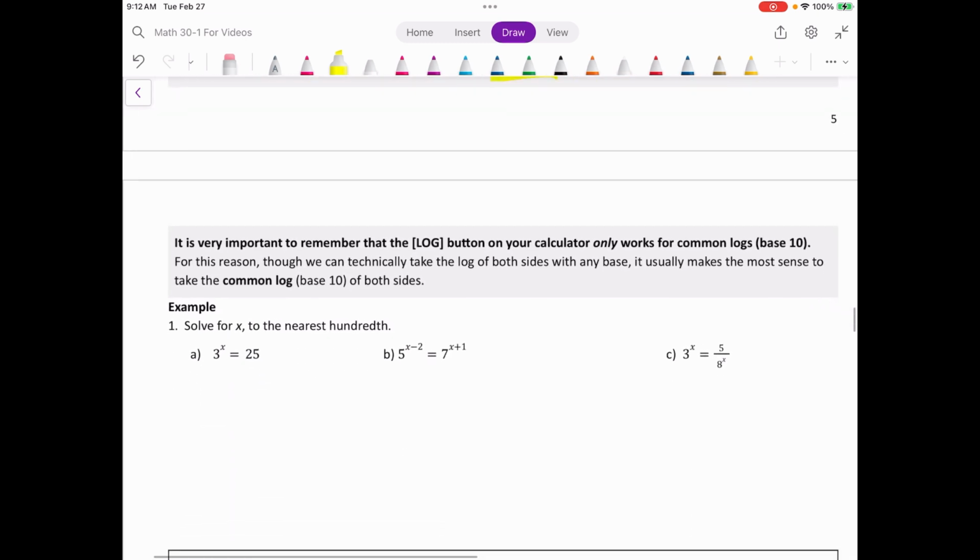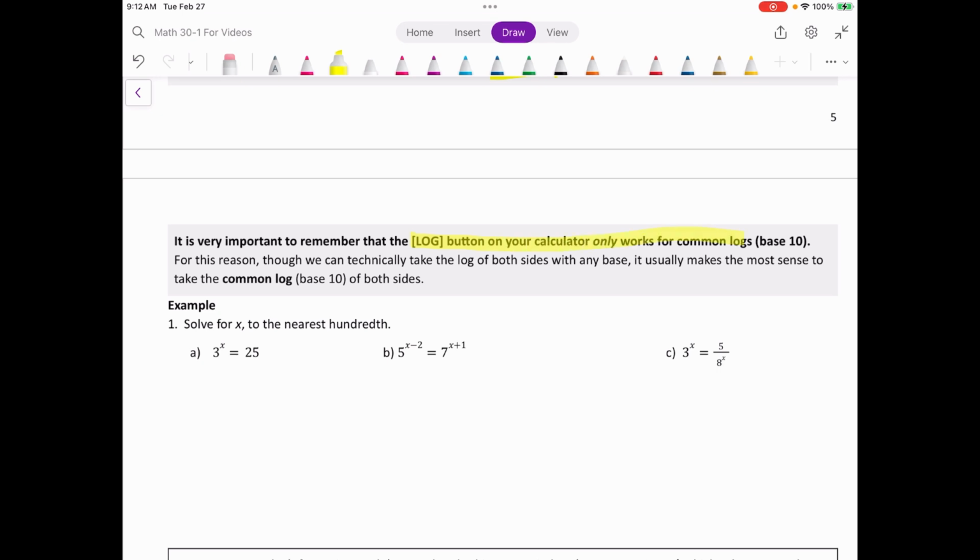Now, it's very important to remember the log button on your calculator only works for those common logs, those base 10 logs. It's not just log of whatever base you want, it's log base 10, okay? So though we can technically take the log of both sides with any base, it usually makes the most sense to take the common log, base 10.